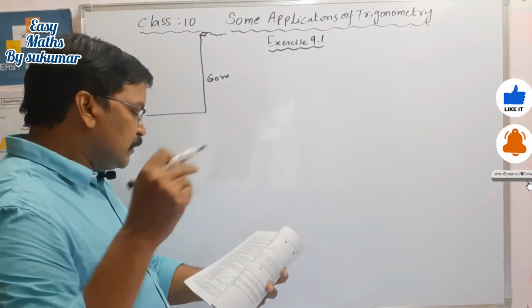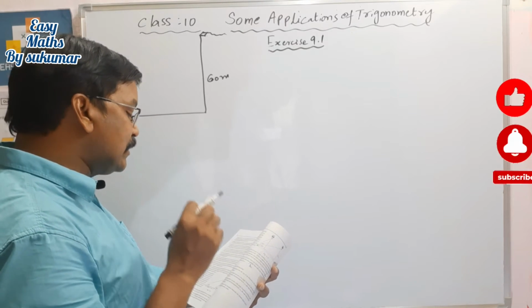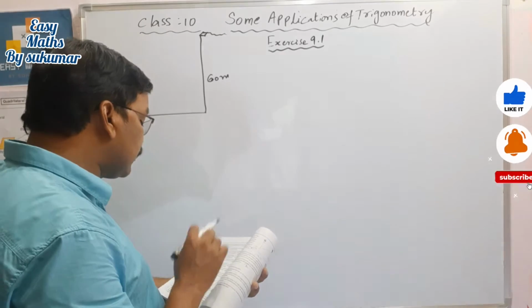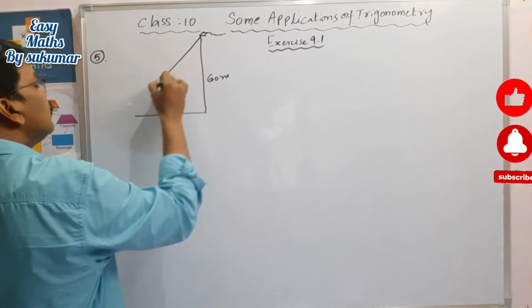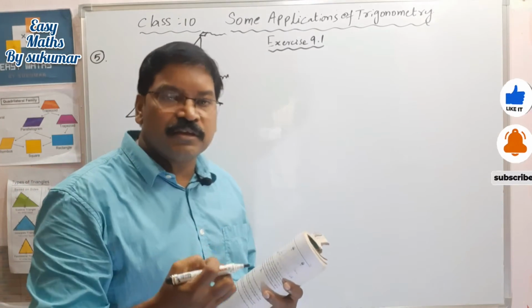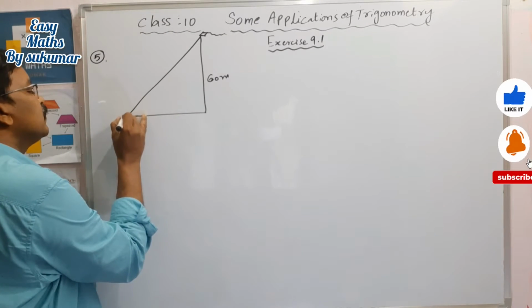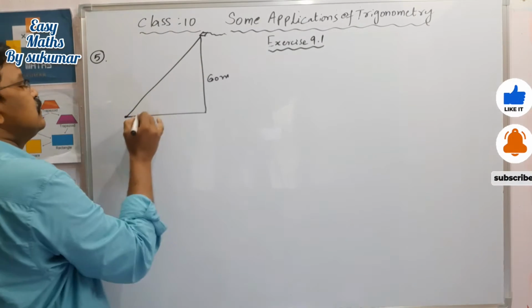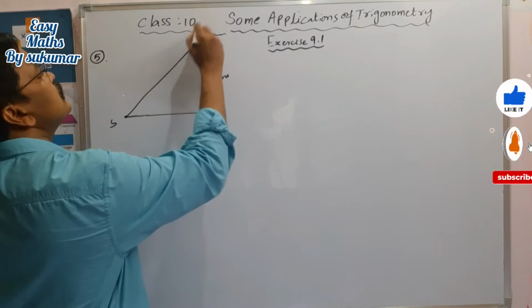Here the string is attached. The string attached to the kite is temporarily tied at a point on the ground. Actually, this kite is tied with a string which is temporarily attached on the ground. Here there is a point. This is the string, ST is the string.